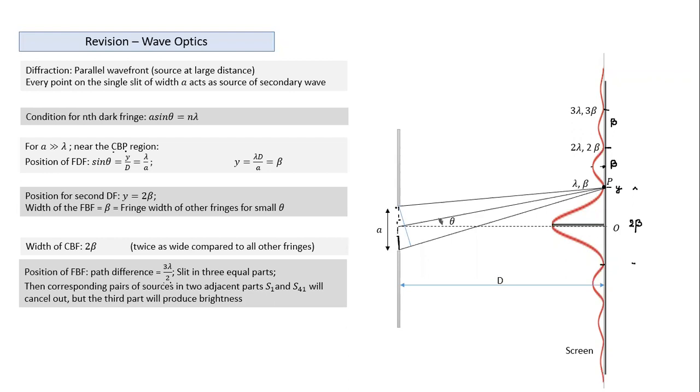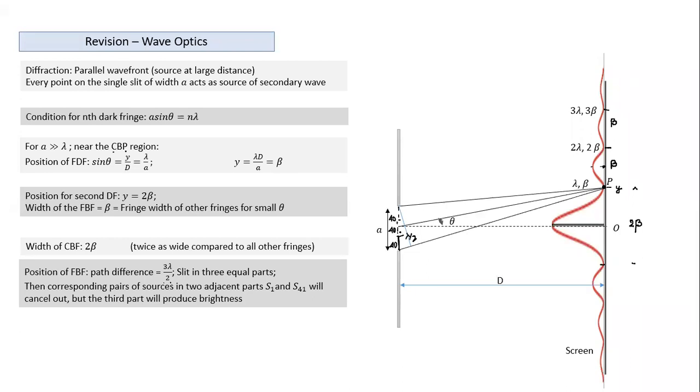If we imagine 120 sources here, this will be 40, this 40, and this 40 identical sources. So if the path difference is 3 lambda by 2, between the two ends of one third of the slit, the path difference will be equal to lambda by 2.